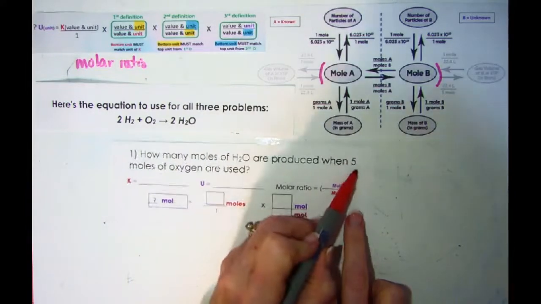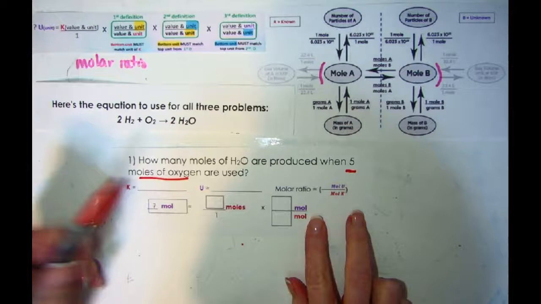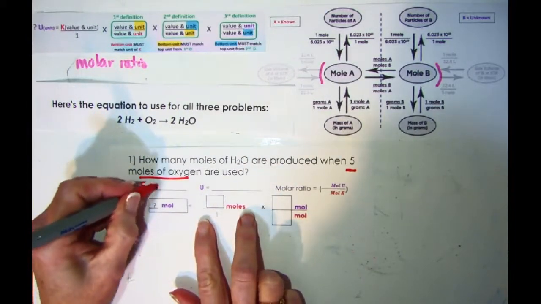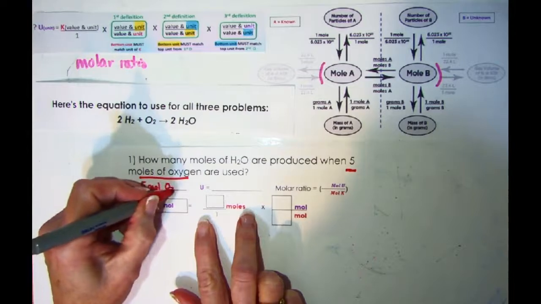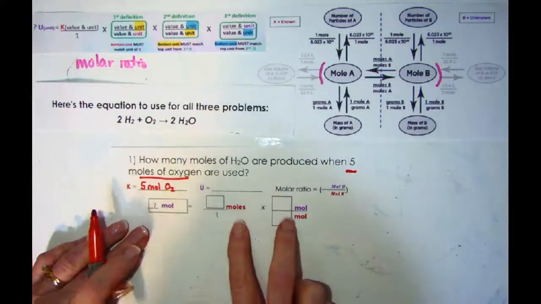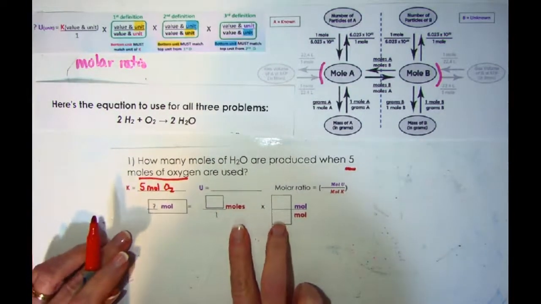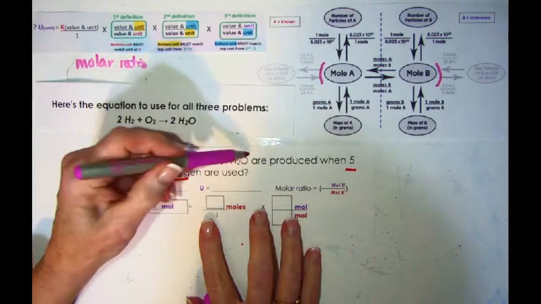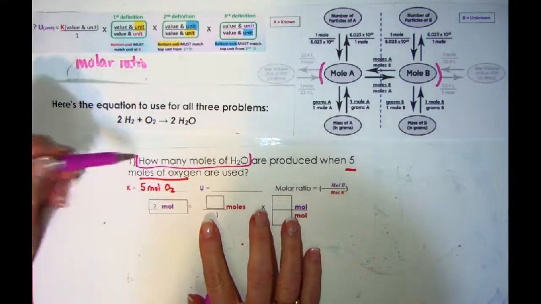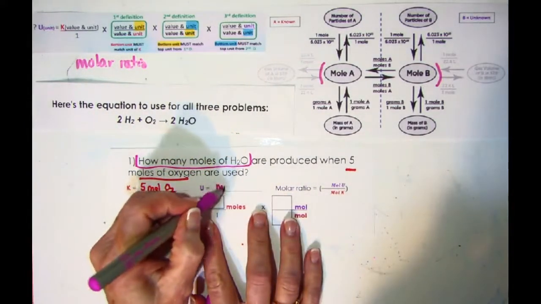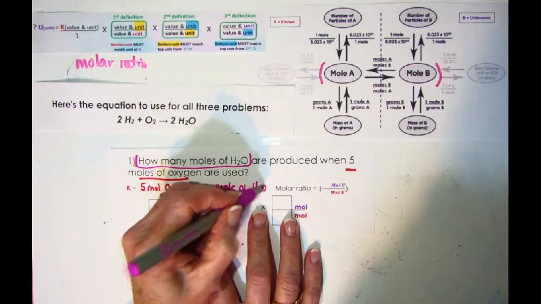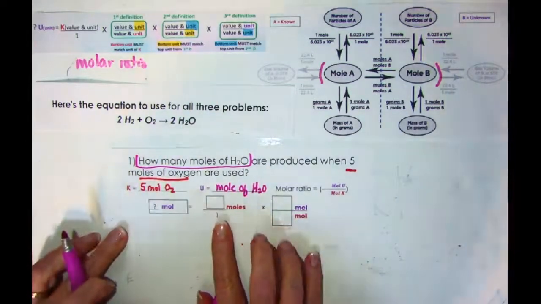It is right here. 5 moles of oxygen is our known, O2. Now, what's my unknown? My unknown is my question mark: how many moles of water. So that's my known and my unknown.